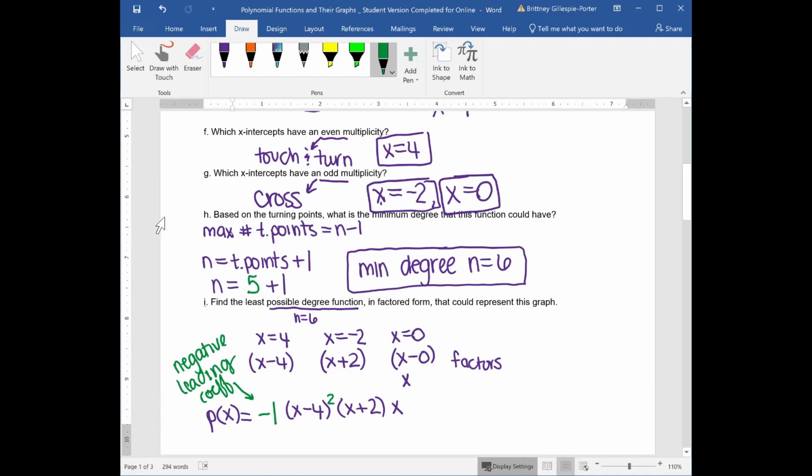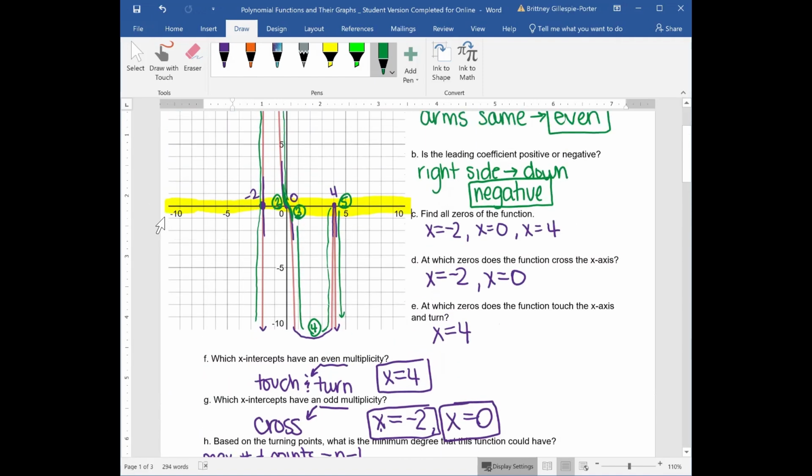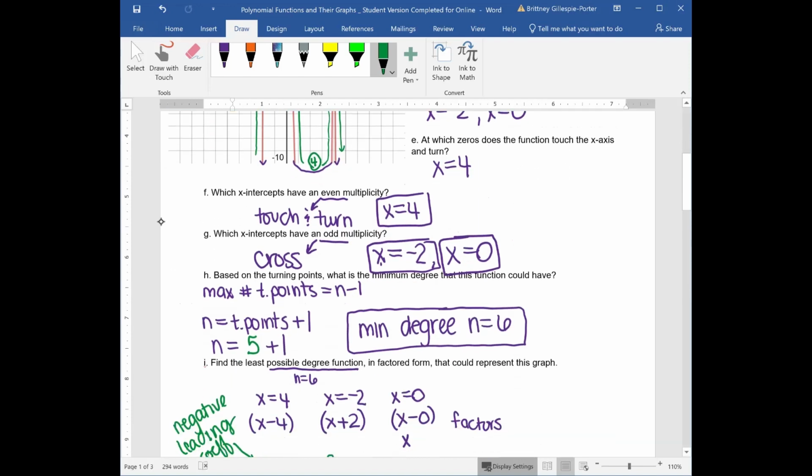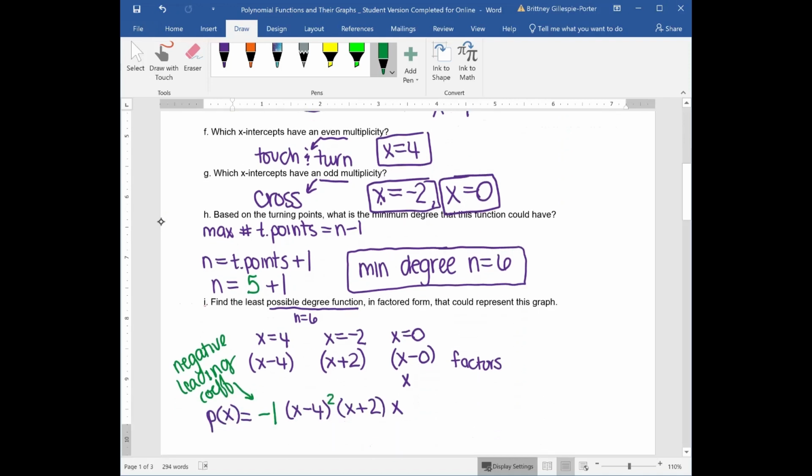And for that, we look back at the graph. If you go straight across, you don't take your time, it's just literally from below to above or above to below, no turning points, that's going to have degree 1, which means our x plus 2 factor has an exponent of 1.